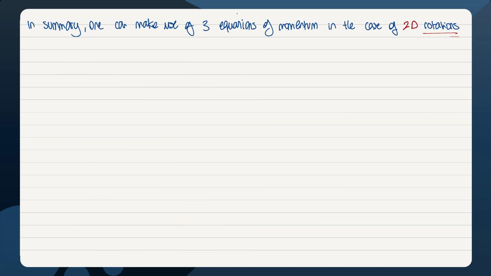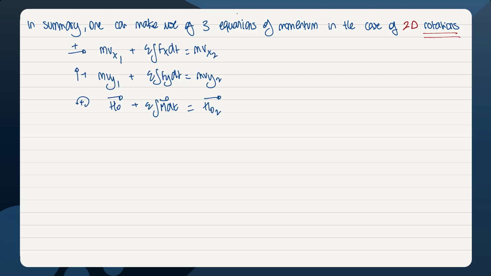So in summary, we can make use of three equations of momentum in the case of 2D rotations. If we split that onto x, y, and z axis, we get mvx1 plus summation of integral Fx dt is equal to mvx2, mvy1 plus summation of Fy dt is equal to mvy2, and HO1 plus summation of M dt is equal to HO2.